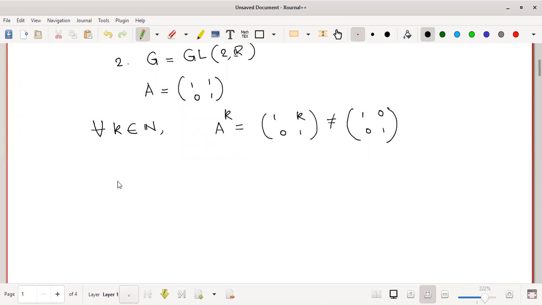But instead of this, if I take my B in GL2R, say B is equal to 0, 1, 1, 0. Then what is B square?